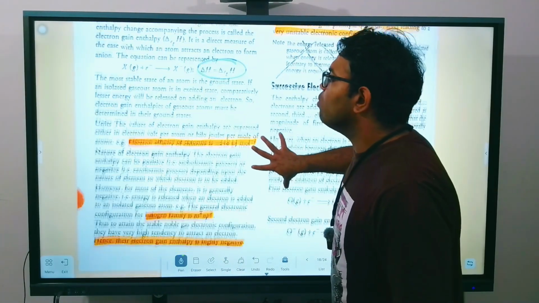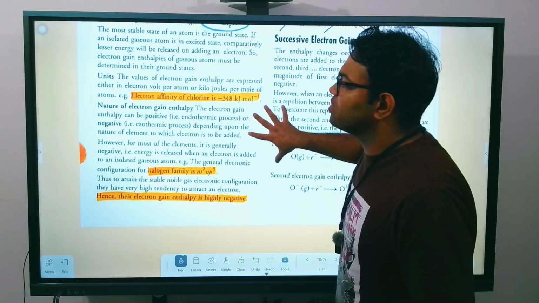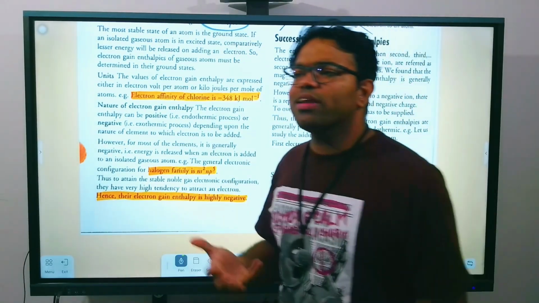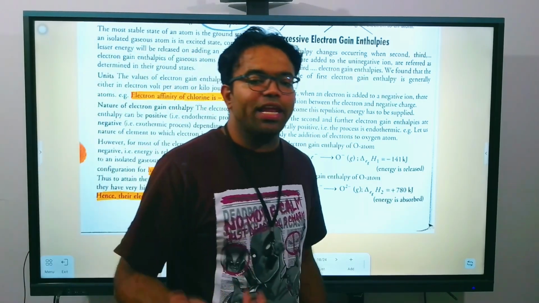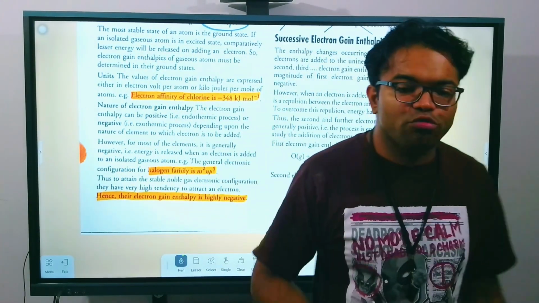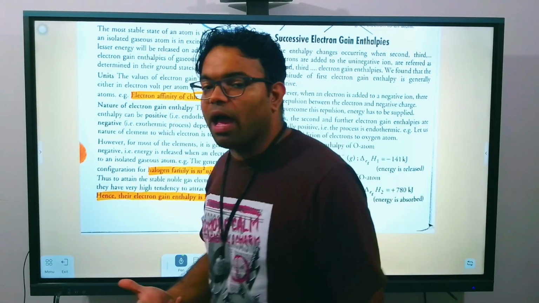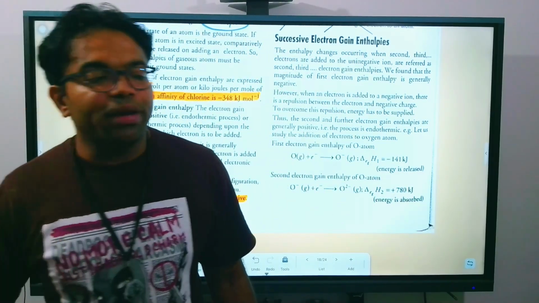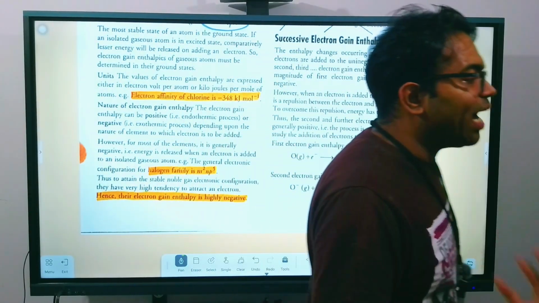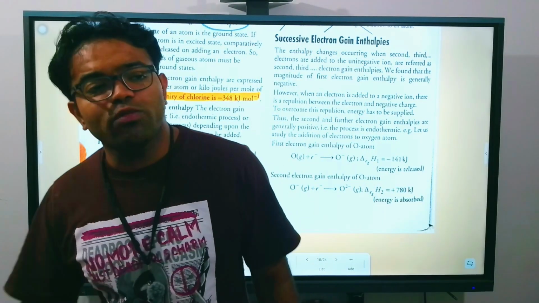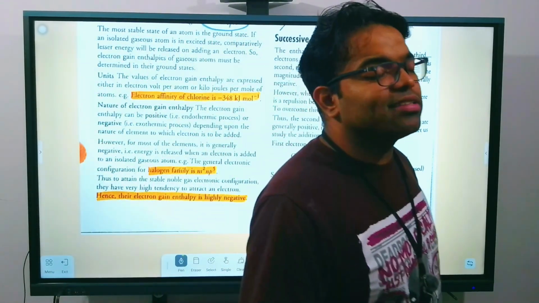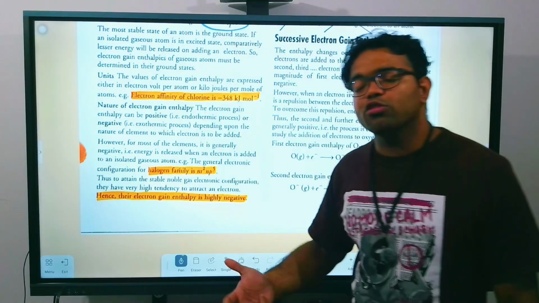Units. Since electron gain enthalpy shows you the amount of energy being either absorbed or released, the units will be those of energy. For example, kilojoules per mole. What is kilojoules per mole?